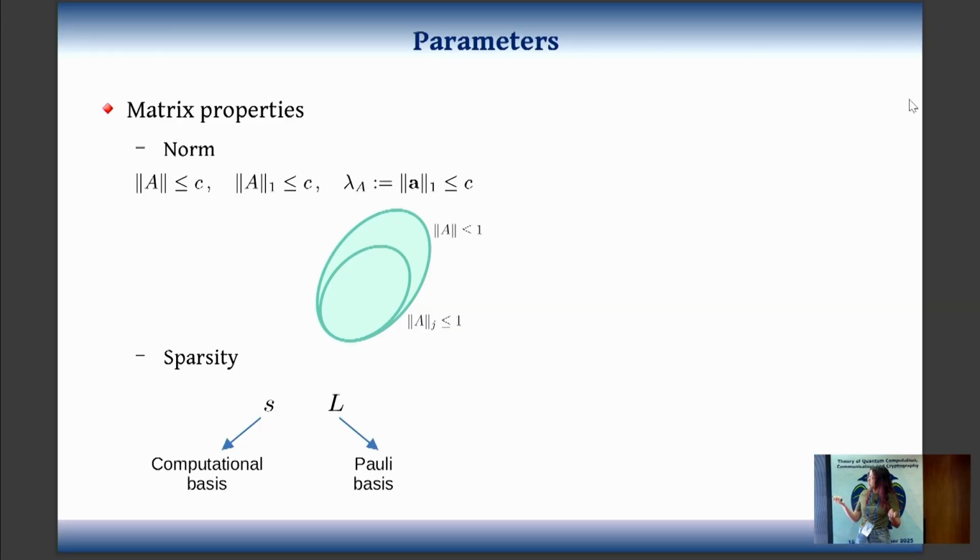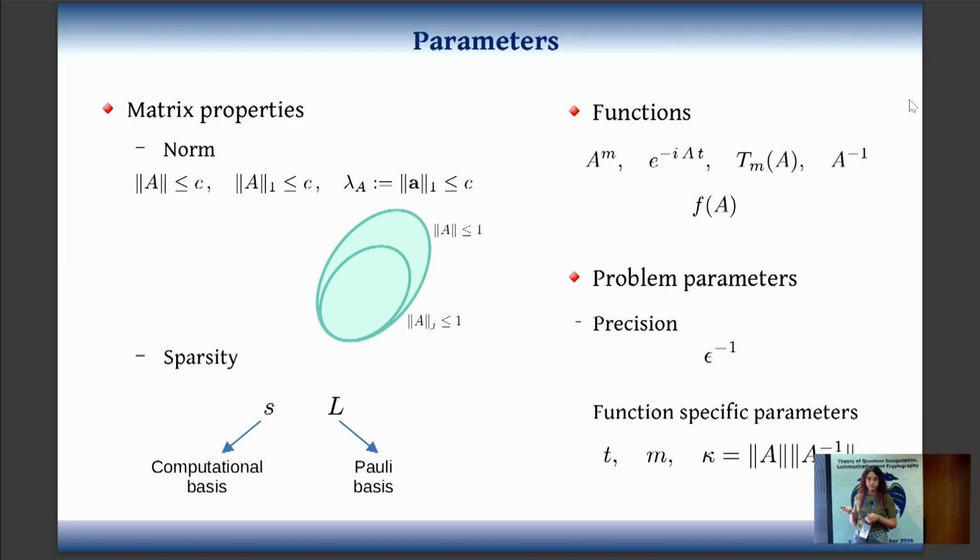another thing that we consider is the sparsity of this matrix. In the computational basis, in the sparse access model, we have the number of non-zero elements per row and per column, S. And in the Pauli access, we have the number of Pauli elements in the decomposition. And also, I said it's a catalog with a lot of parameters to consider.